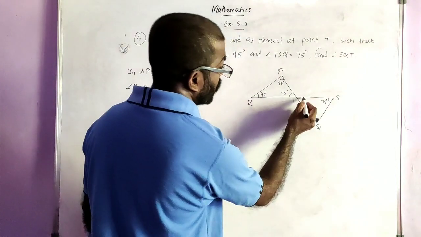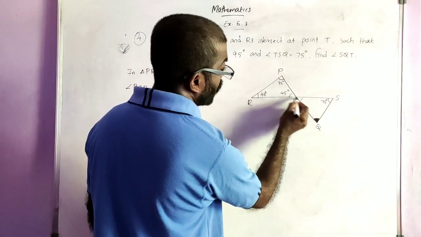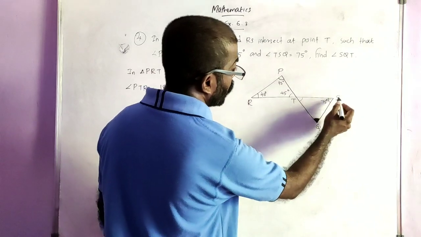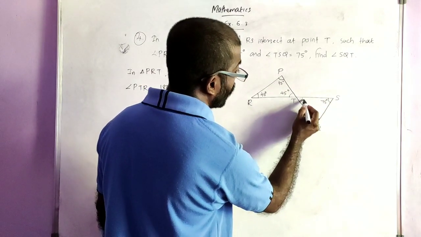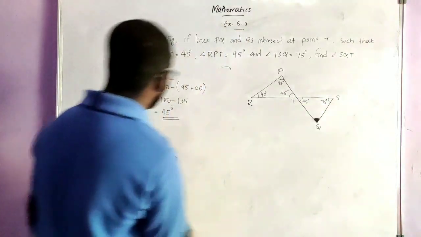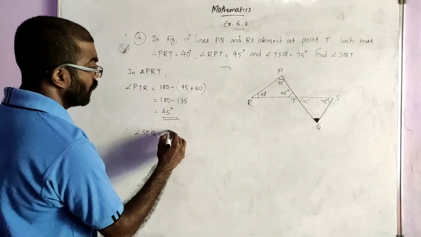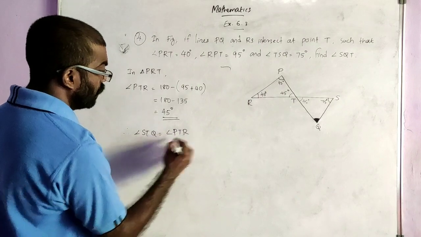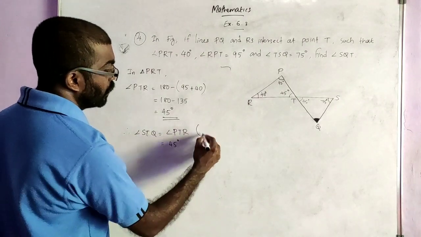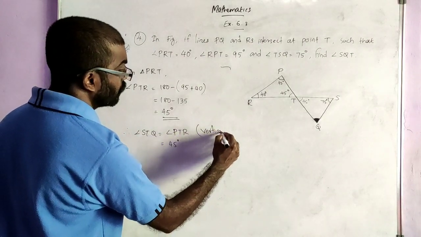Now from the figure it is clear that these two angles are vertically opposite angles. So angle STQ is also equal to 45 degrees. Therefore, angle STQ is equal to angle PTR, which gives 45 degrees, vertically opposite angles.